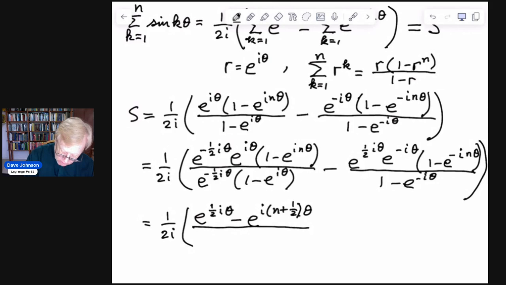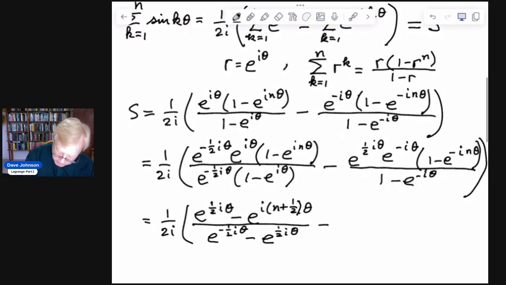And downstairs, we get e to the negative 1/2 i theta minus e to the positive 1/2 i theta. And then the next term, we do the same thing. We get a slightly different result, but we can write that down. So e to the negative 1/2 i theta minus, and then again, we've got this n here, which when you add it to this, you get e to the negative i times n plus 1/2 theta.